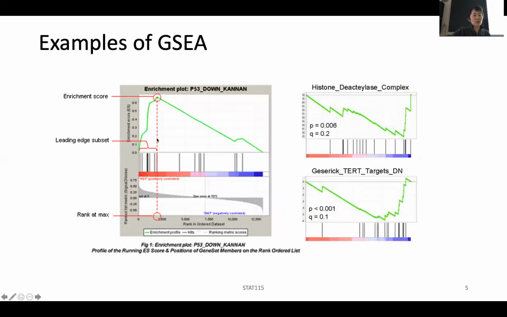This enrichment score basically helps you evaluate how skewed the gene sets are relative to your genome-wide distribution. You can see this is kind of like the D-value. What's the best separation between your genome-wide and your gene set of interest?